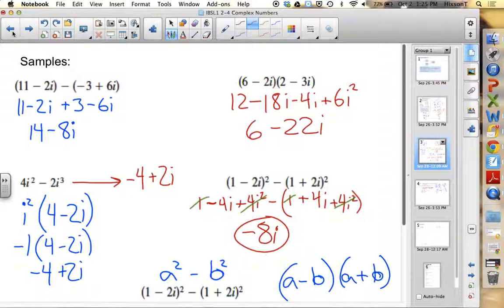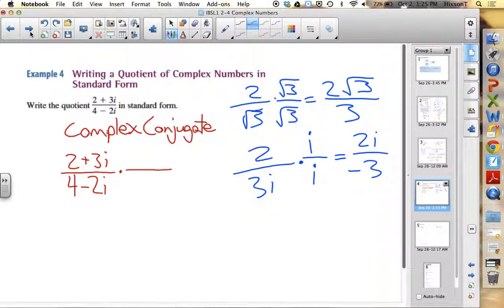Alright? We want those to cancel out. What is the conjugate of 4 minus 2i? 4 plus 2i. Okay, good. The first term has to stay the same. You can't make both of these opposites. The first term stays the same, and the last term changes its sign. Okay?